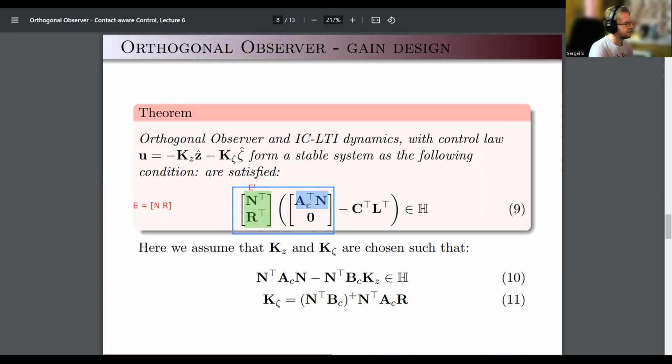which has, let's understand the dimensions of this guy. I just spent a little bit of time understanding the dimensions of this guy.